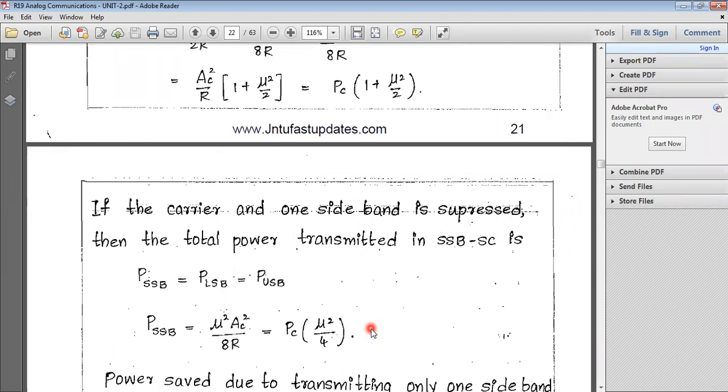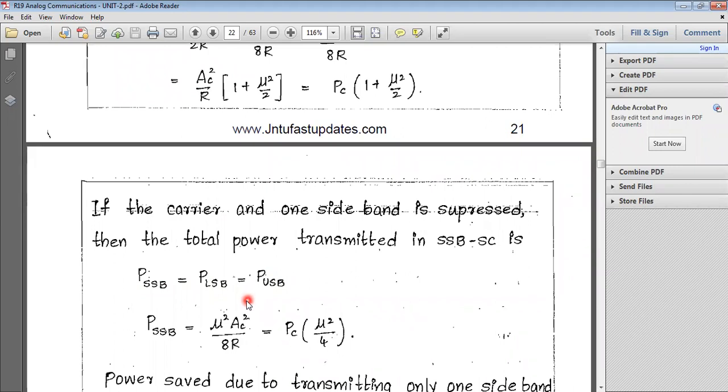Now, what is it in SSB? In SSB, the carrier and one sideband are suppressed. Therefore, the power of SSB is either the power of LSB or the power of USB. Therefore, the total power transmitted for SSBSC is represented as PSSB equal to either LSB power or USB power.